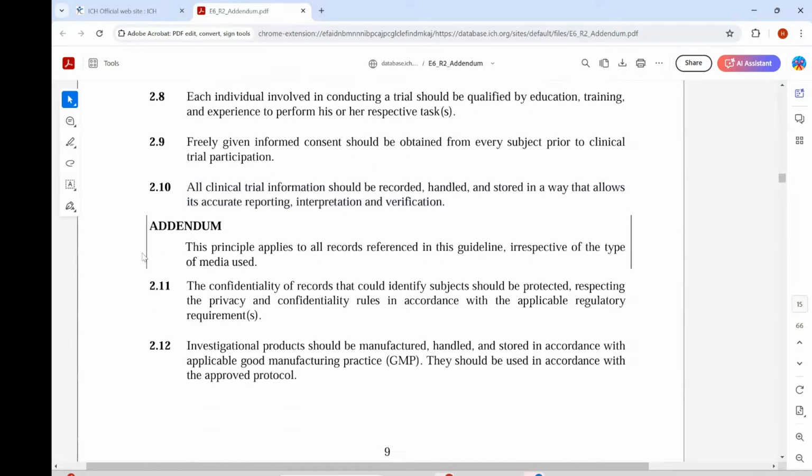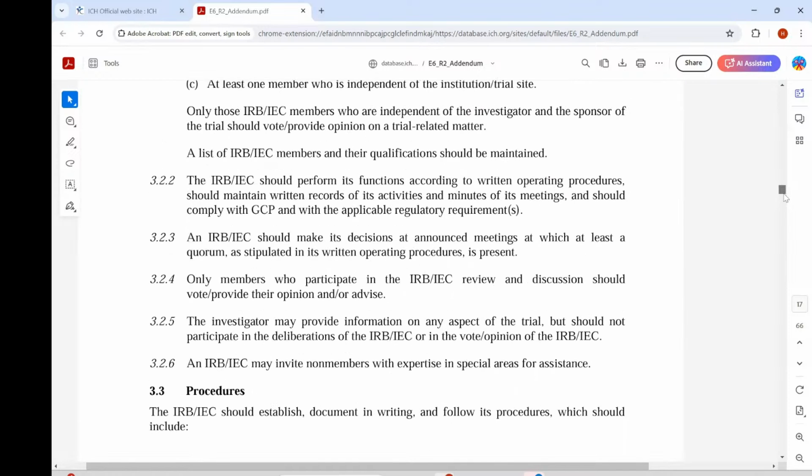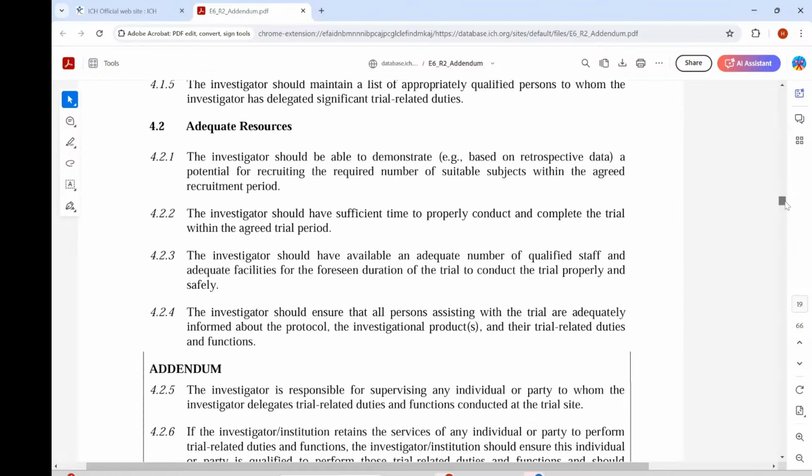So the lines here specify what has been revised from R1 to R2. Not only here, if you scroll down, you can see these sorts of lines throughout the document. This is an R2, a revision 2 document, right? An addendum means change. So points 4.2.5 and 4.2.6 were not there in R1.